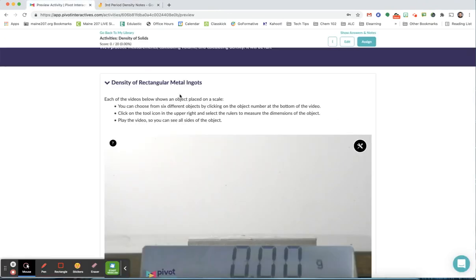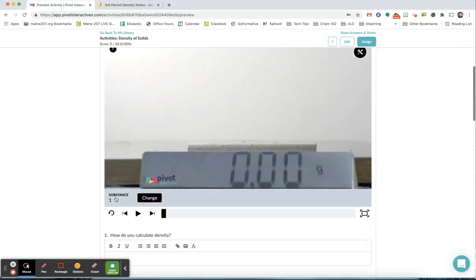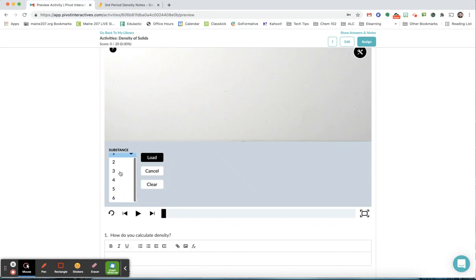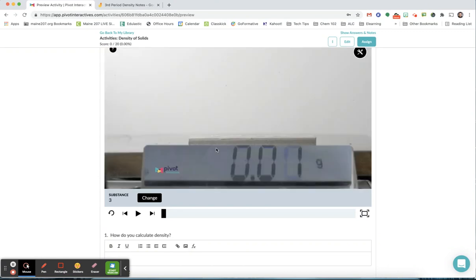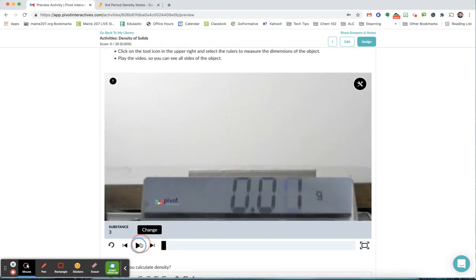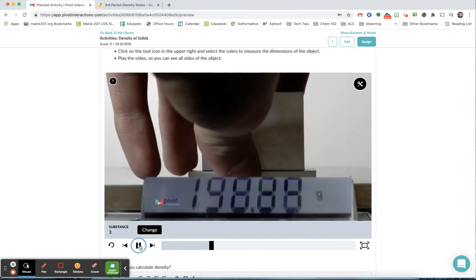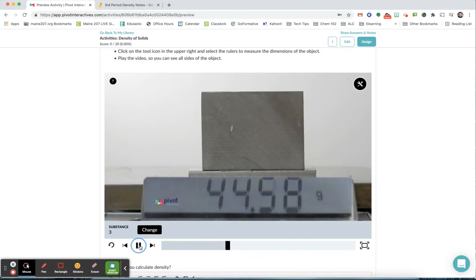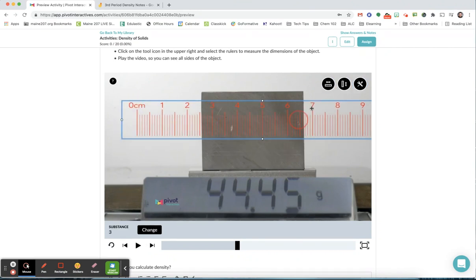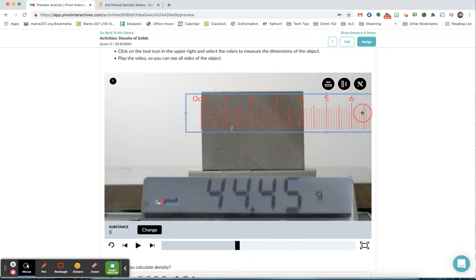In your pivot, you have 6 substances to choose from, and I'm just going to randomly pick substance 3 right now. When you hit play, they will put the block on the scale, so you have your mass. Using the ruler tools, you can measure the length.